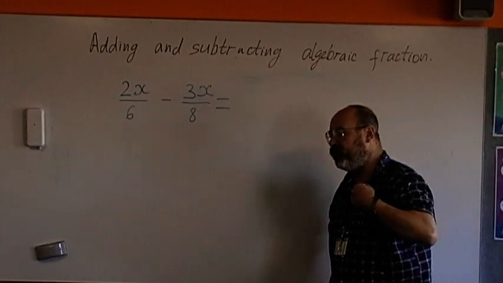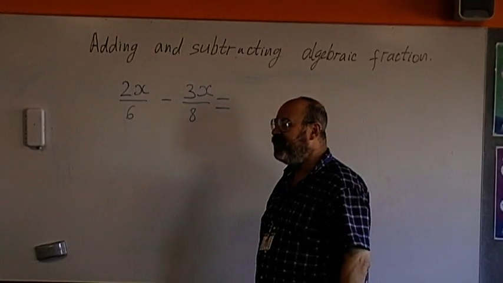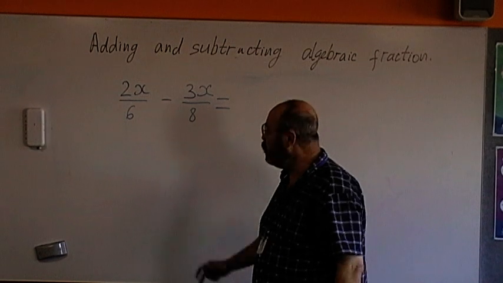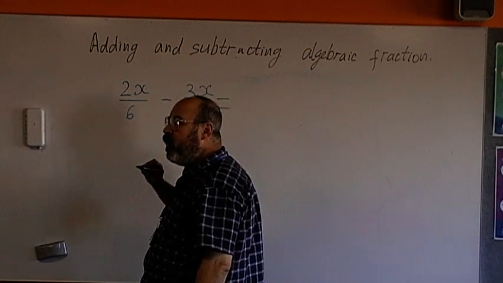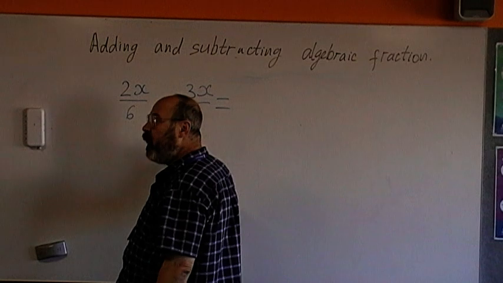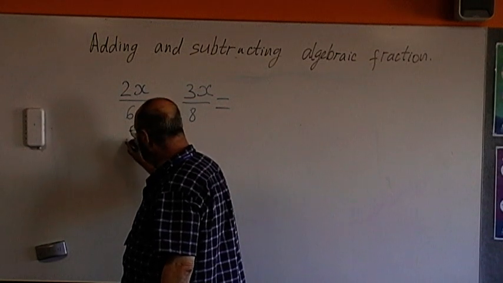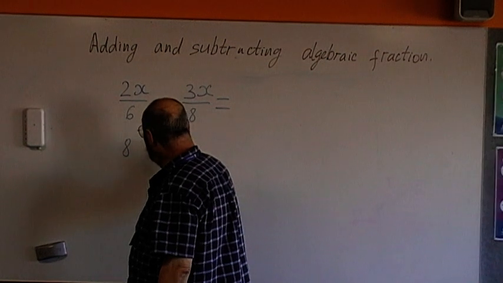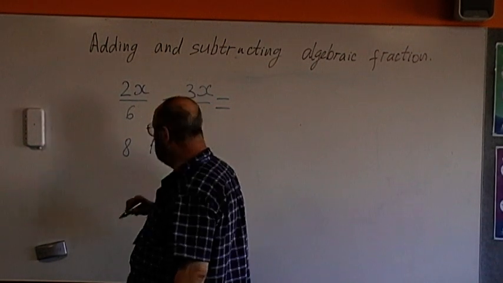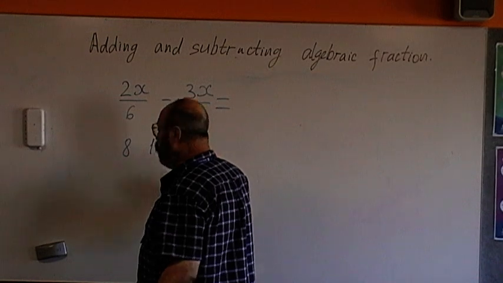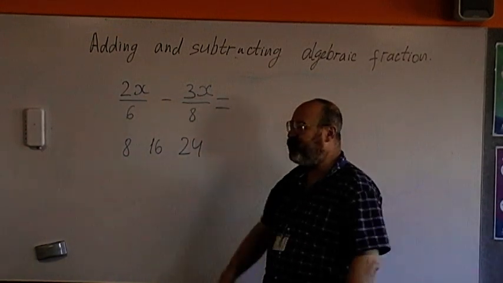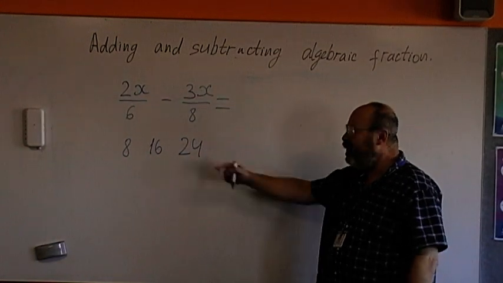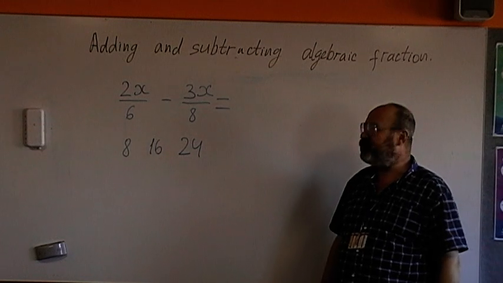Let's recall how we find the lowest common multiple. We write multiples of the bigger number only, which is 8. It's not a multiple of 6. We keep going. 16, not a multiple of 6. Keep going. 24. Yes, a multiple of 6. So that will be the lowest common multiple.